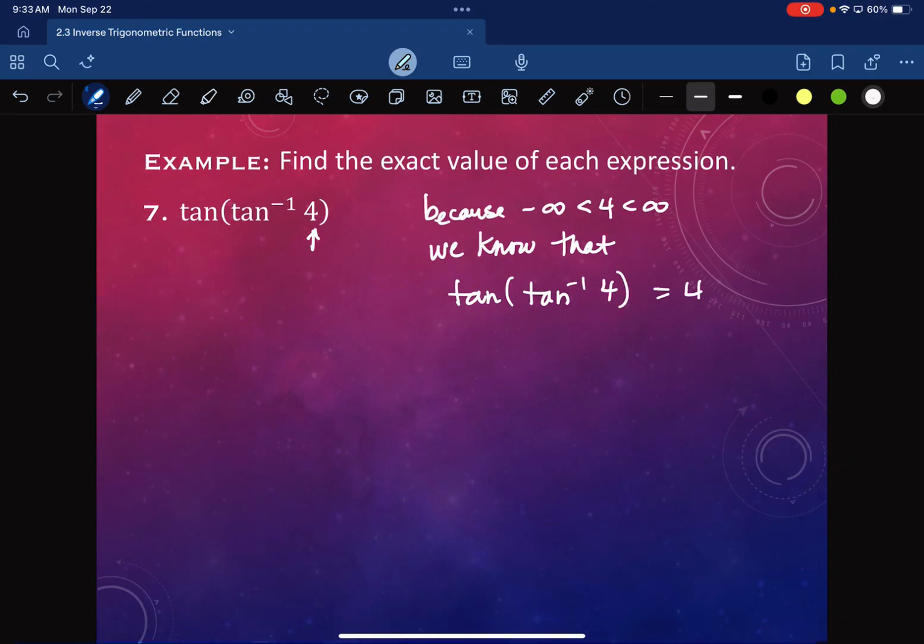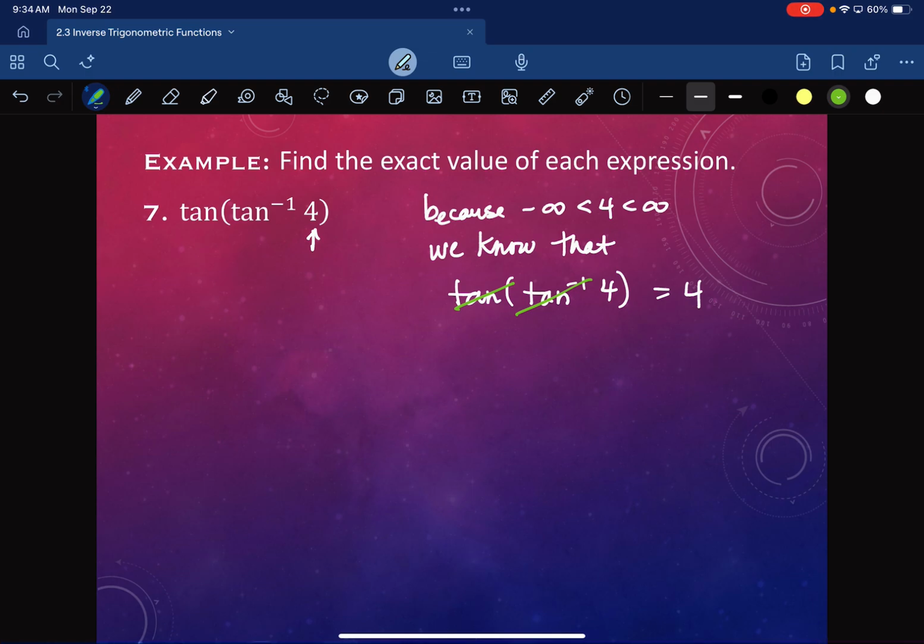The tangent of inverse tangent of 4 is going to just give me back 4, right? These will cancel out because the input's valid. Last one, the input wasn't valid. That's why we had to work with it more. The one before that, the input was valid. It was great. Canceled them out and we're good to go. So the work to be done is checking the input. And then if the input doesn't work, we have to see what we can do next.